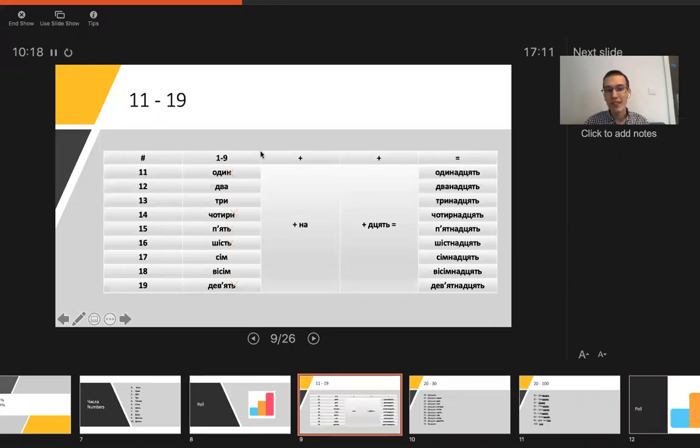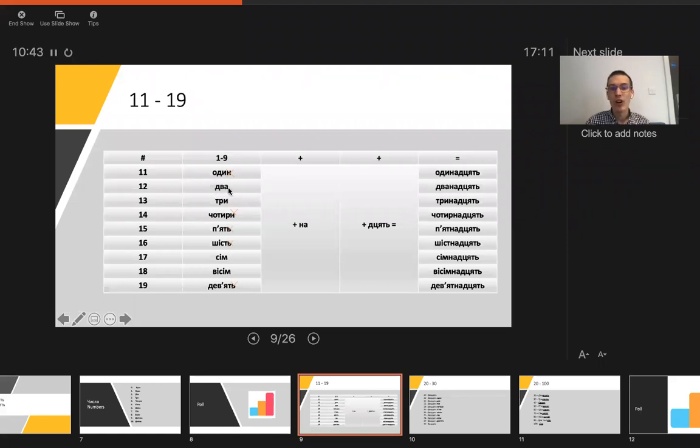So, for example, 11 would be одинадцять. So you take один, add на, add дцять, then you get одинадцять. The problem is that один already has an N, so you get rid of it. You only use о, д, и, and then на, дцять, одинадцять.